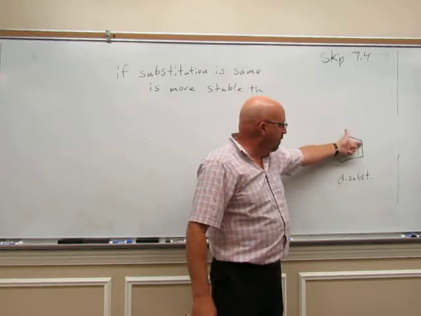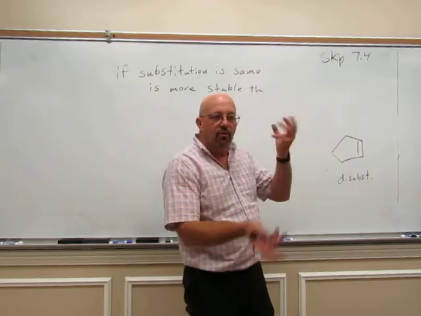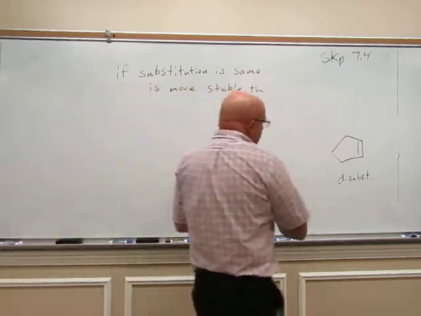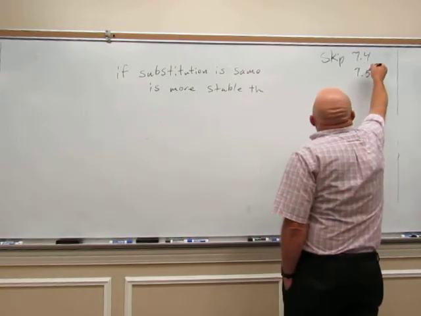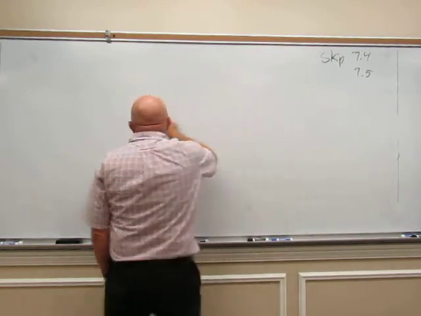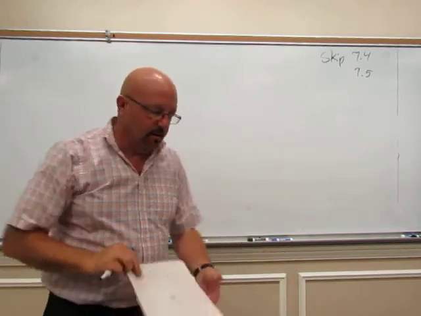It's always a cis double bond in a ring. You can't have a trans double bond in a ring. It's too twisted. That's all that section is saying. So we'll just skip it. It doesn't have any information in it. We're also going to skip section 5. And that gets us to some reactions now.